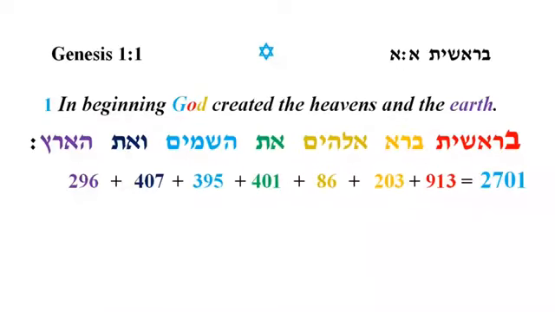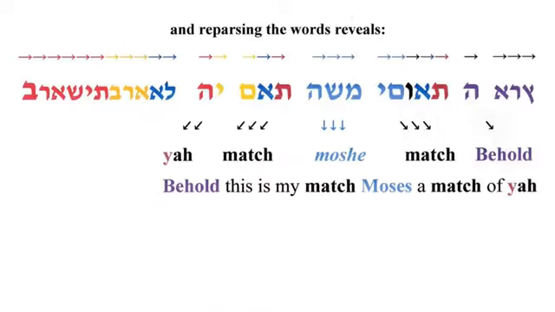If you go back to Genesis 1:1, Bereshit bara Elohim et hashamayim, I'm going to take those 28 letters, write them backwards, and reparse them. We did this in the last video, but there's something deeper I want to show you. If you reparse the letters backwards in Genesis 1:1, it says, "behold my match, Moses, Moshe, a match of Yah."